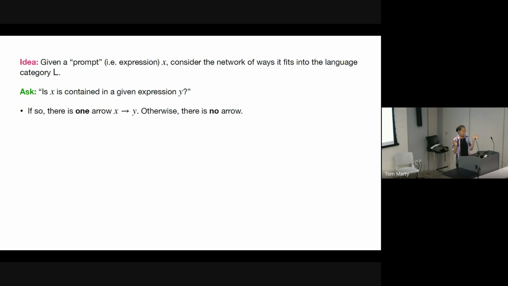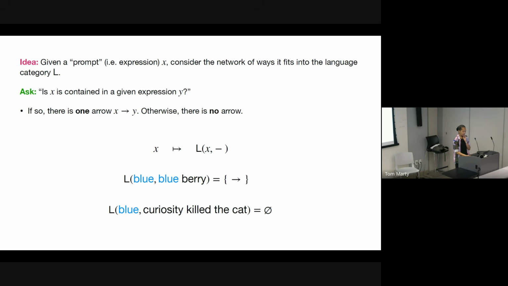And just to recap, what that means is we say, okay, given a string like blue and some other string like "curiosity killed the cat", I just want to know, does blue sit in that string, yes or no? If yes, there's an arrow. If no, there's no arrow. So instead of studying the string itself, I want to study the functor representing that string.